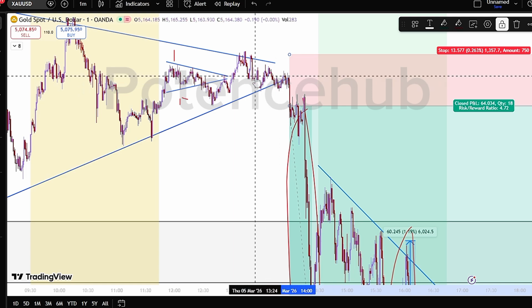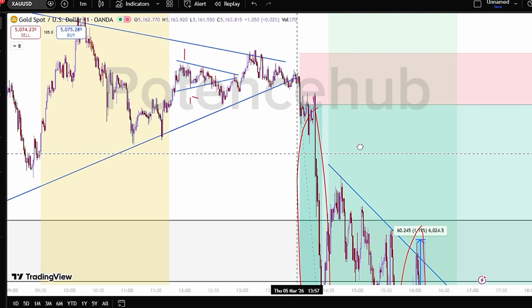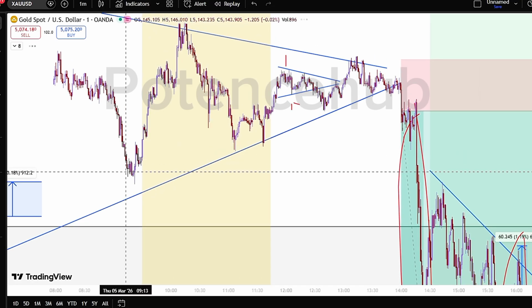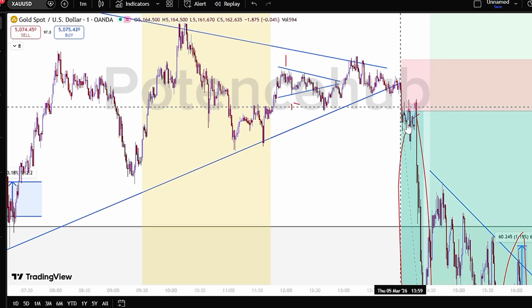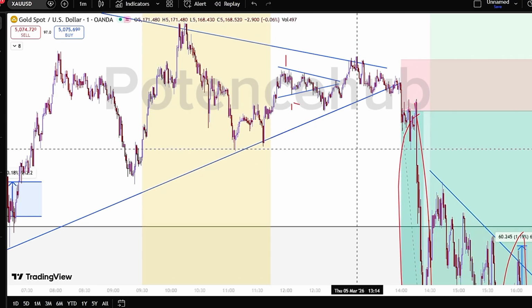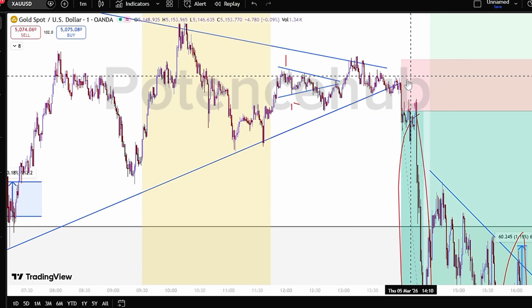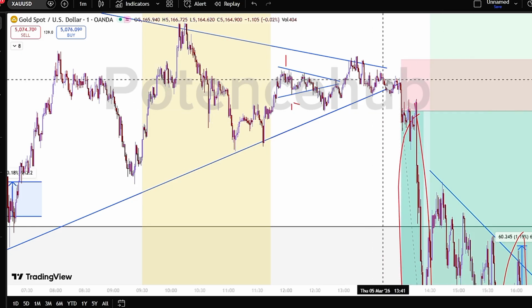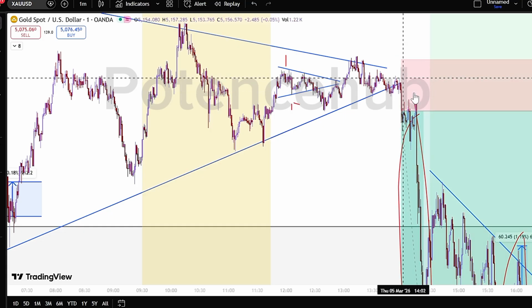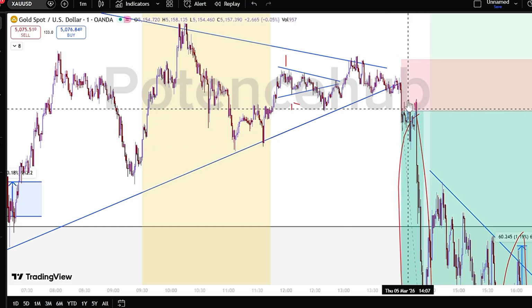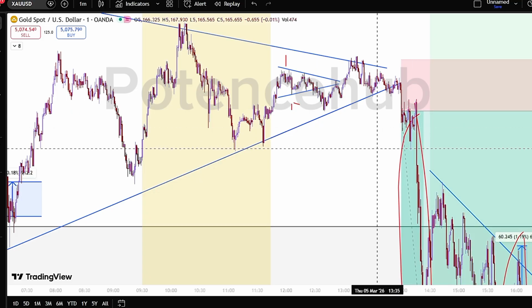It had already broken down, moving bearish. So this was a nice place to sell, as you can see, because the sellers were already stepping into the market, and that was how I was able to get this trade. My entry point was here, and boom, down to where you're seeing.